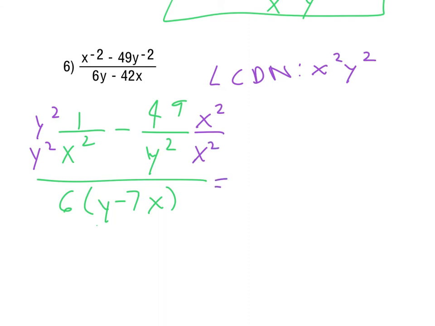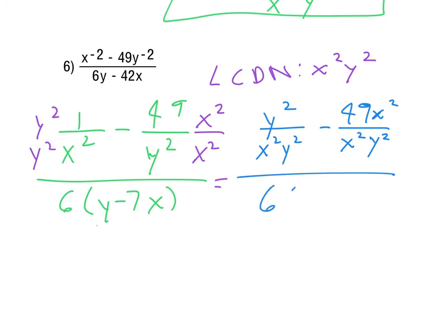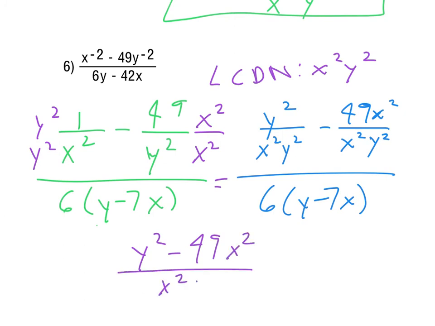And so we end up with y squared over x squared y squared minus 49 x squared over x squared y squared. And again, our 6 times the y minus 7x is still there. When we put those together, in the numerator we'd have y squared minus 49x squared over x squared y squared.